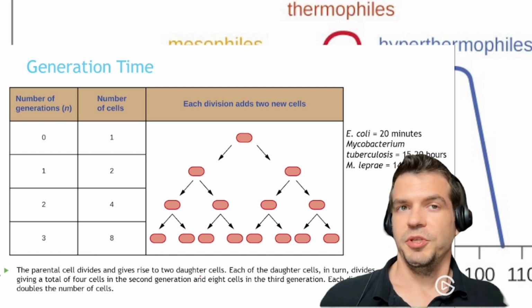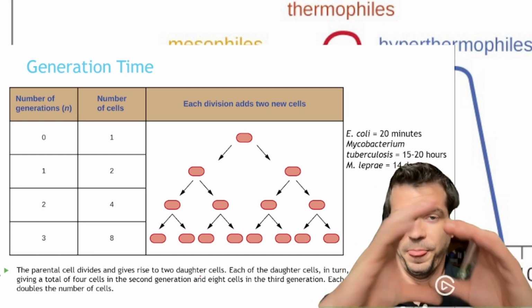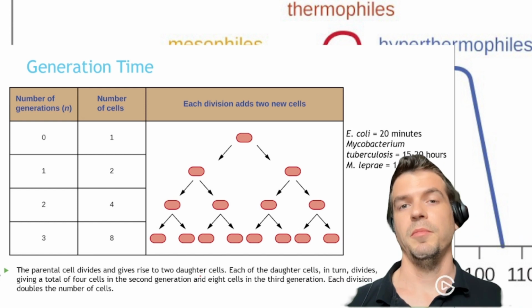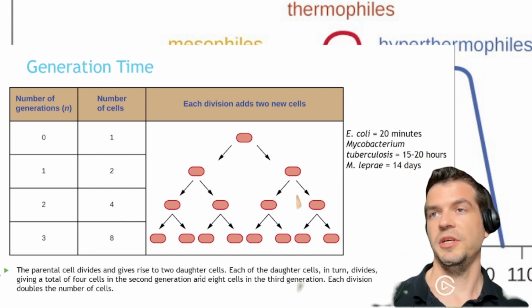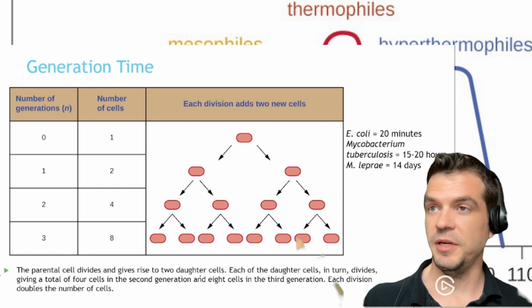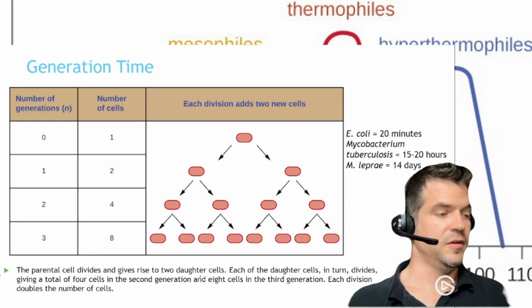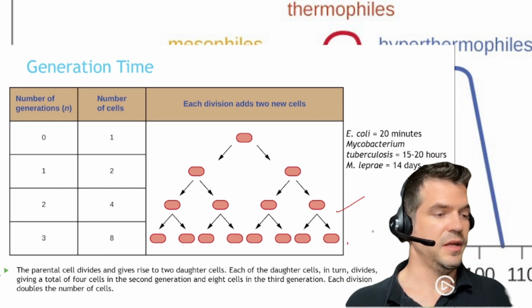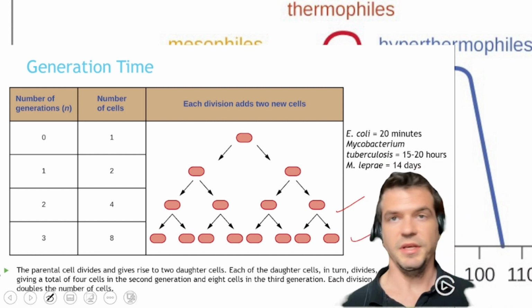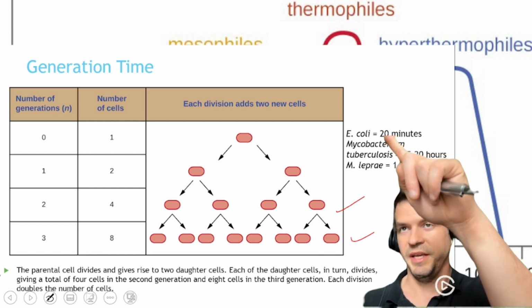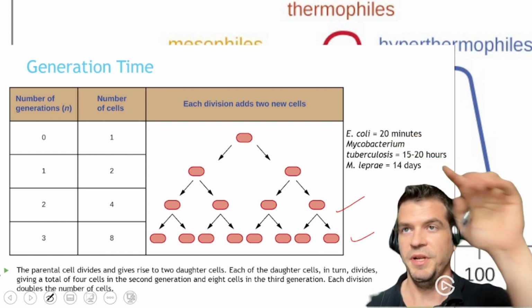As bacteria grow and split through the protein action, one cell becomes two cells, two become four, and four cells become eight. And it all happens rather quickly. As you can see here above me, E. coli is only 20 minutes.